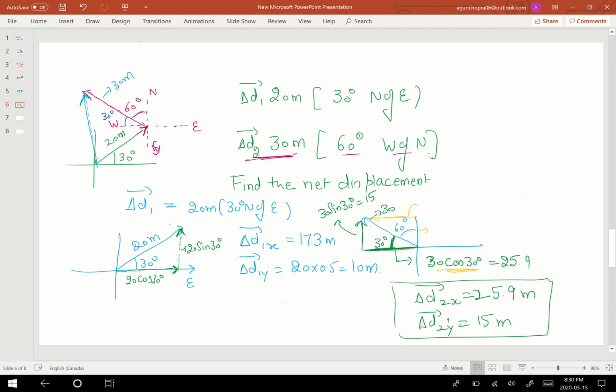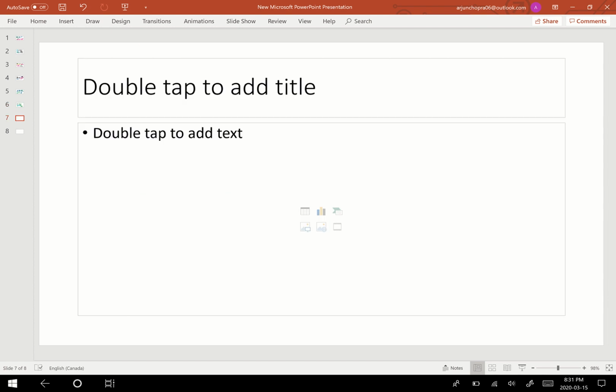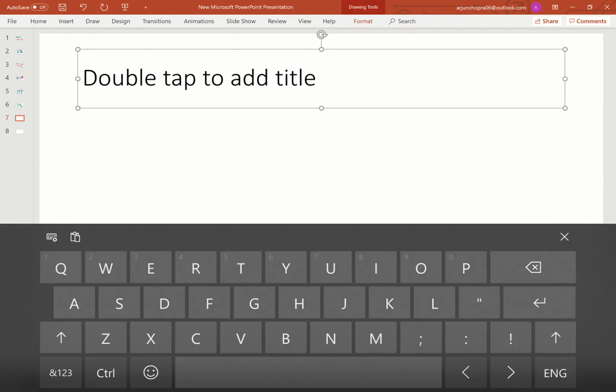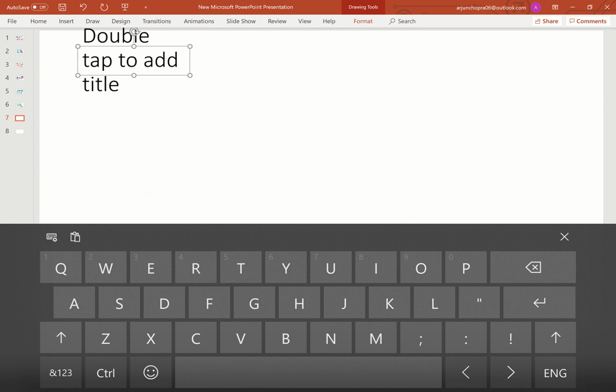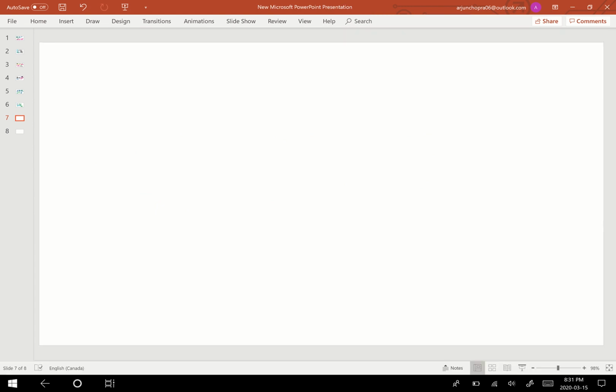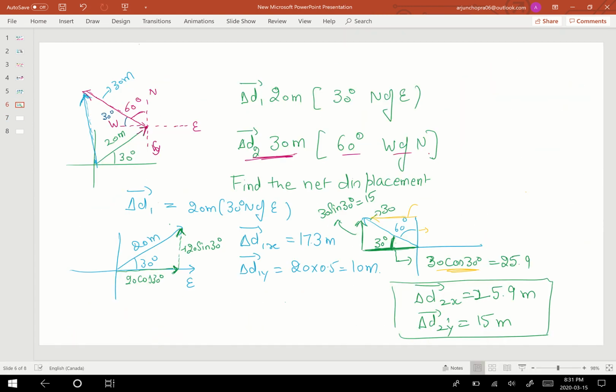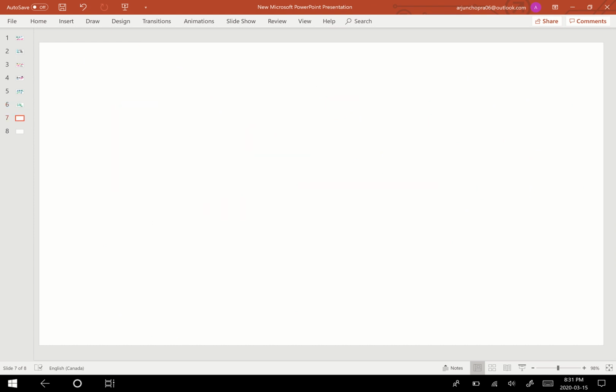Now I wanted to find the resultant displacement. So I have to remove this, so please be patient with me. All right, so let's go back and write these values. So d1x was 17.3, d1y was 10 meters.